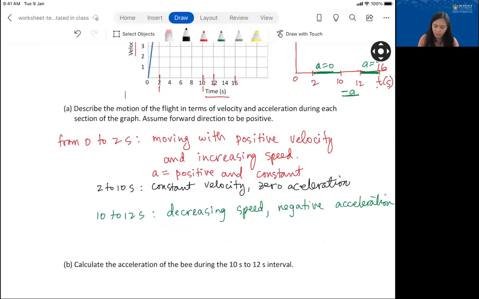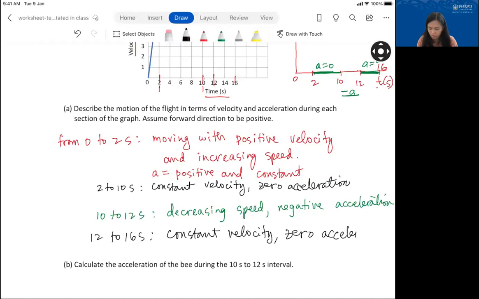And then finally, from 12 to 16 seconds, you have constant velocity, 0 acceleration. Right? So that's how we describe the object's motion as given by the graph.